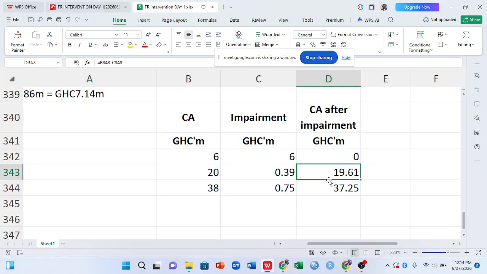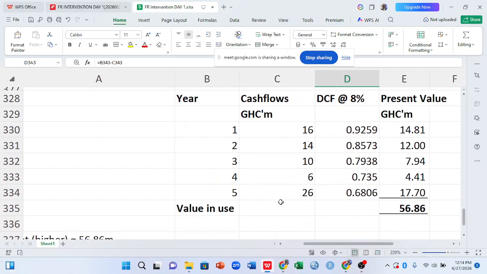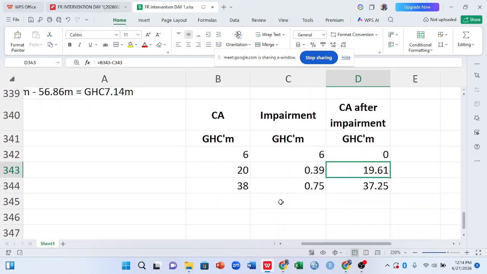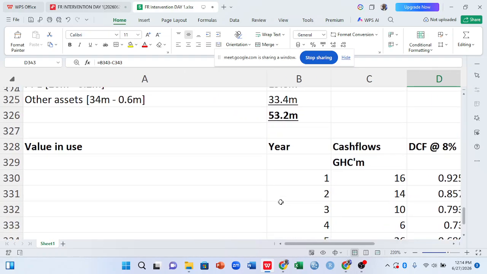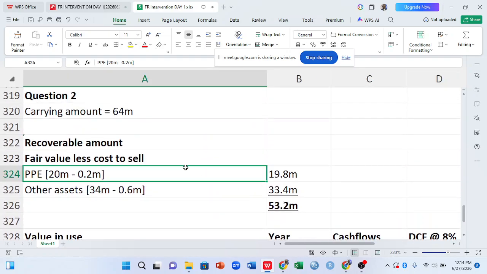Value in use, we're not given for each asset, we're given for everything combined. So let's check fair value less cost to sell, which we're given for PPE and other assets. We need to check whether the current amount after impairment is lesser. If it's lesser, there is a problem and we need to reverse it. But if it's not lesser, then we are good to go.